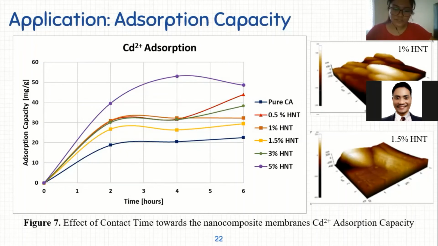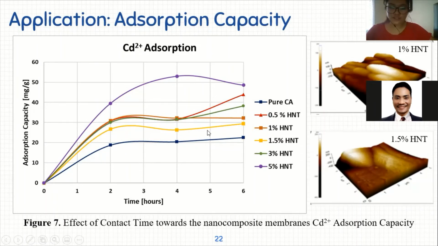For 1% and 1.5%, you can see there's a rise in the frequency of peaks and valleys at 1%, and at 1.5% there's a decrease. If you compare the adsorption capacity of 1% and 1.5%, the orange and the yellow lines here, 1% clearly had a higher adsorption capacity compared to that of 1.5%.